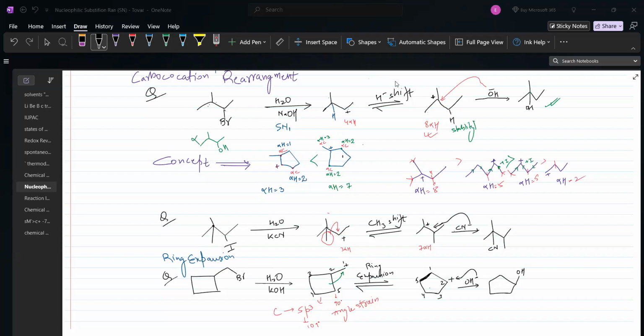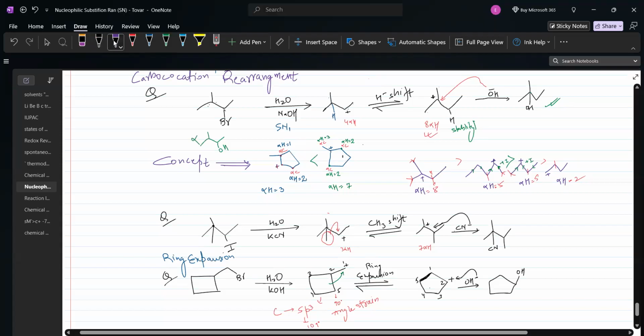Siddhika, do you know about this carbocation rearrangement? Okay, good. Ring expansion. Good. So these are important concepts. It involves stability of carbocation.